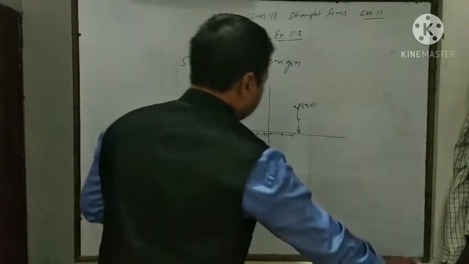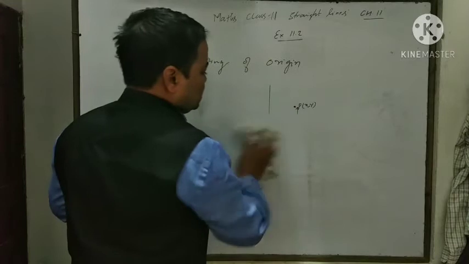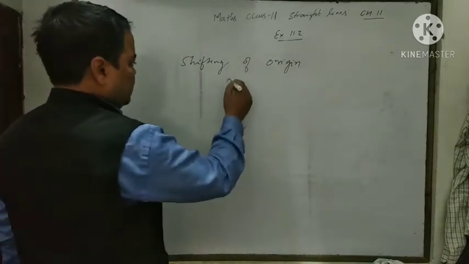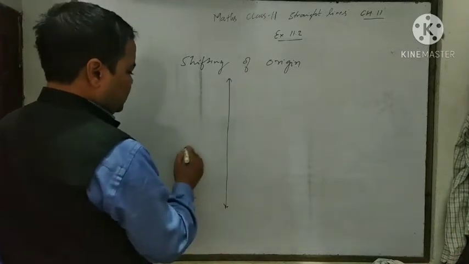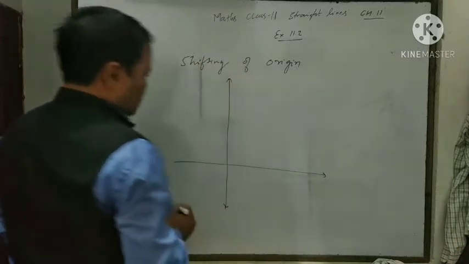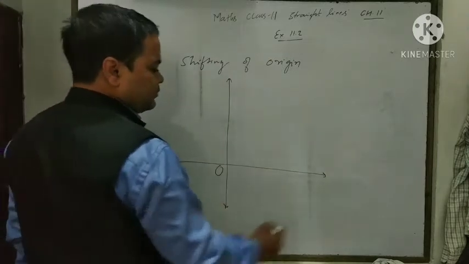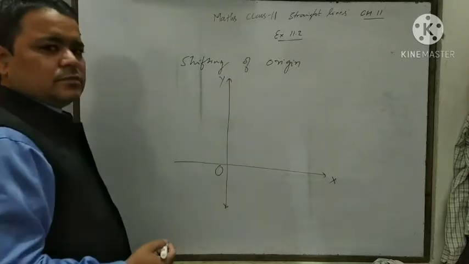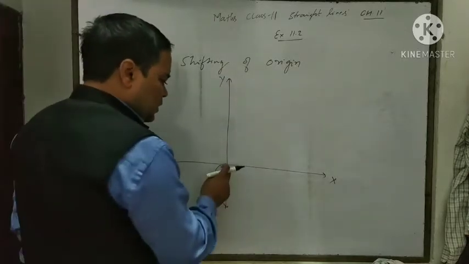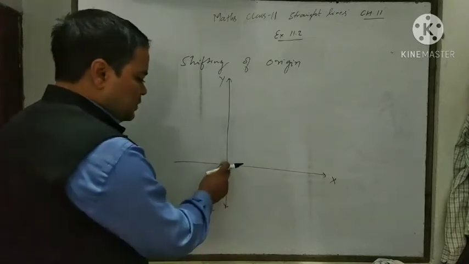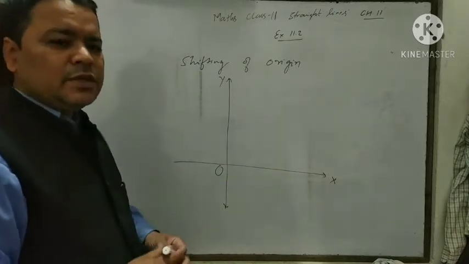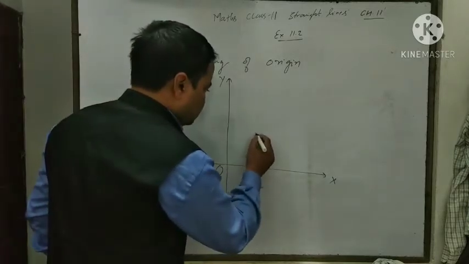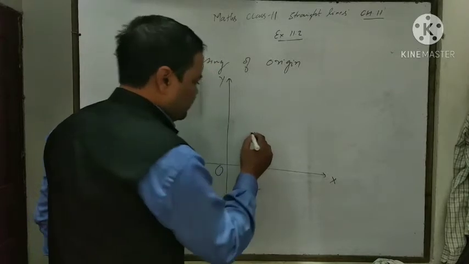Okay, very simple. I am going to draw this diagram a little larger. Now this is the origin, here the x-axis, y-axis. If we want to shift the origin to another place, meaning I want to make a new origin, let that origin be O dash.